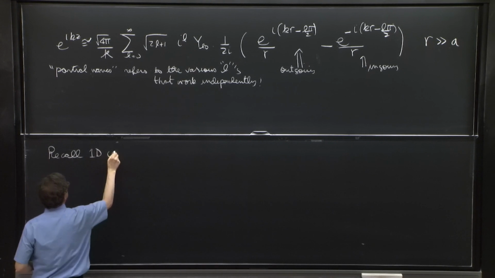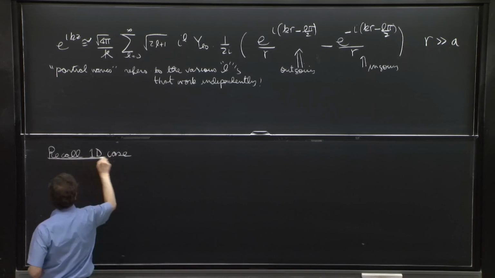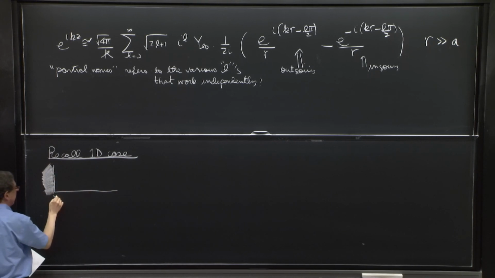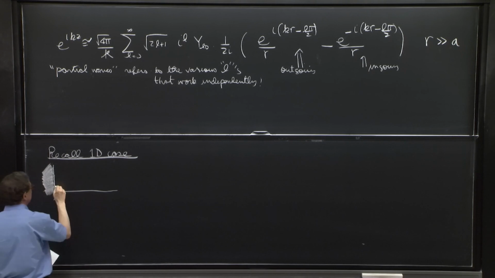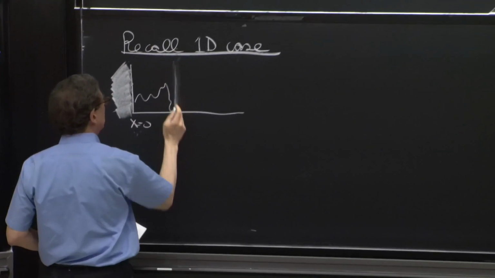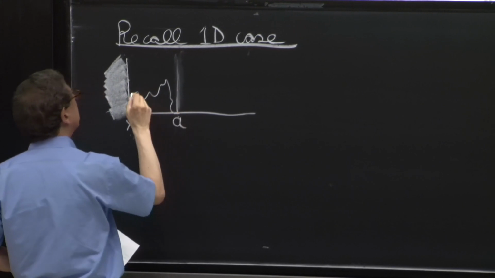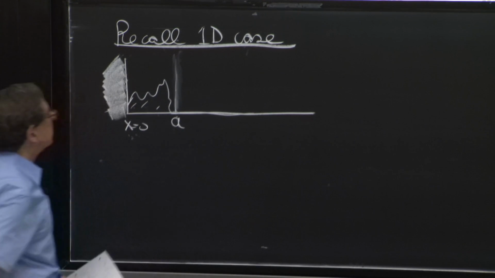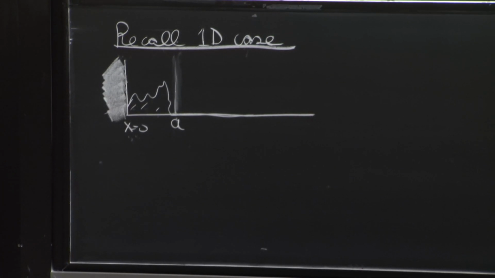The 1D case of scattering. In scattering in one dimension, one usually puts a hard wall at x equals 0. There's some potential up to x equals a. And then there's nothing. It's a finite range potential.